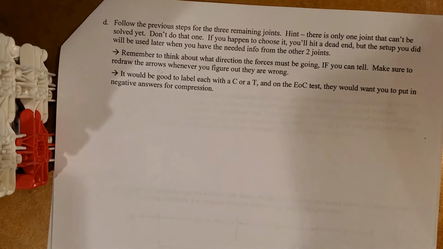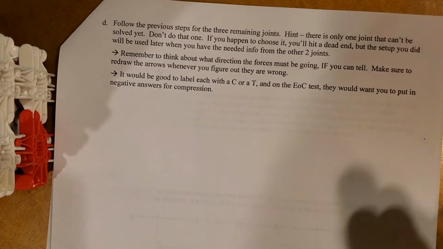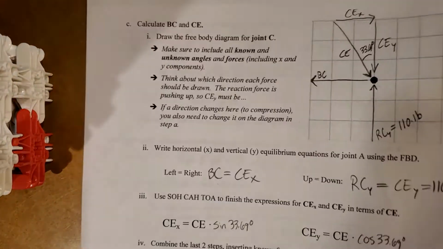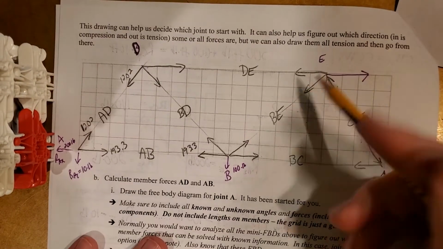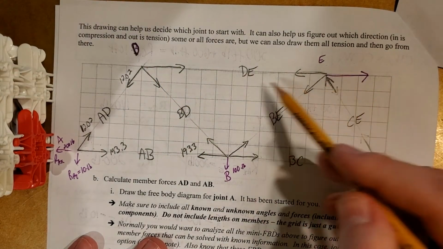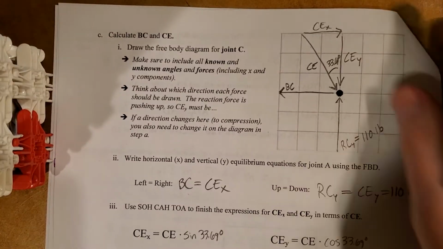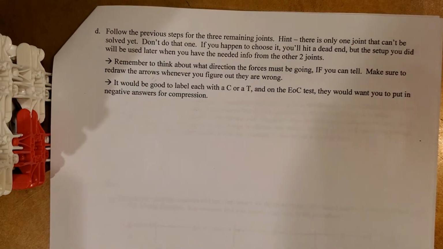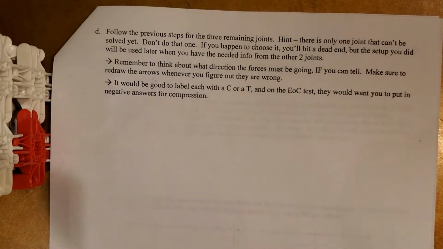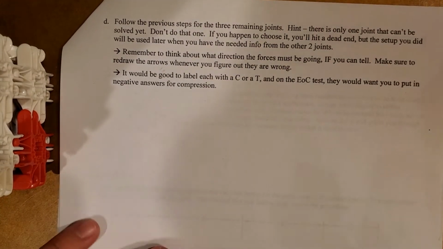Because remember, the answers that we're looking for is what is BE, what is BD, and you would get that from this one and from this one, and you'd get DE from there. So again, solving for B is a bit of a dead end, but I recommend that you solve for B last and just go through and see that everything's balanced.